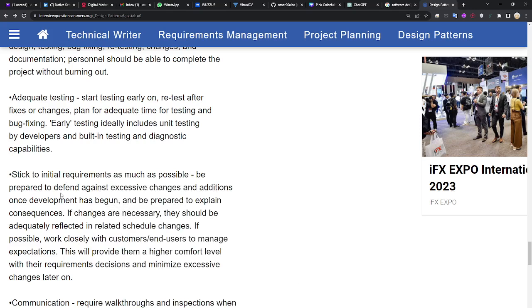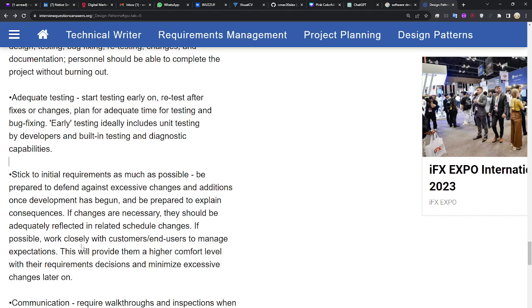Be prepared to defend against excessive changes and additions once development has begun, and be prepared to explain consequences if changes are necessary. They should be adequately reflected in related schedule changes.